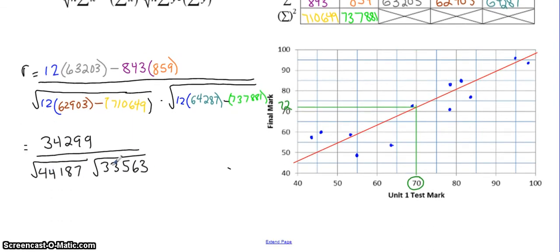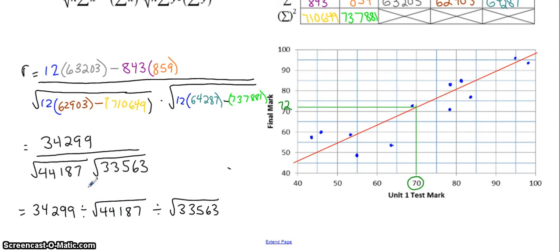Even from here, some people still make mistakes when putting it into their calculator, so this is the way I want you to type it in. 34,299 divided by the square root of 44,187 divided by the square root of 33,563. You have to divide by both of these because they're both on the bottom.